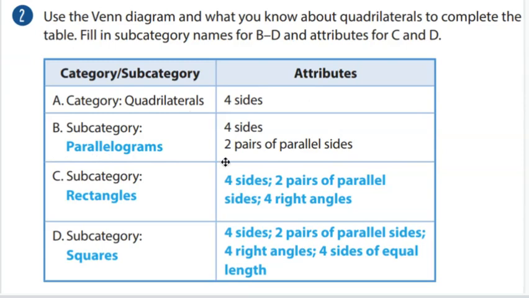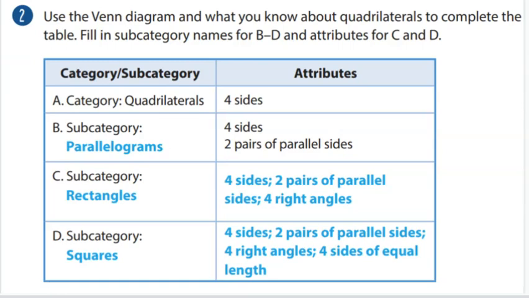A subcategory of parallelograms is rectangles. Now you can see that it has the four sides just like the two things above it. It has the two pairs of parallel sides like the parallelogram. The additional information is that it has to have four right angles. Finally, our last most specific subcategory, because remember, as you go down this list, they get more specific.